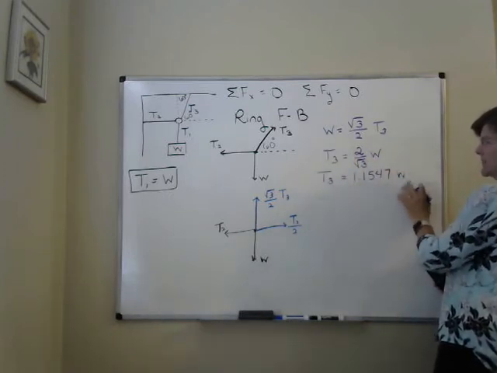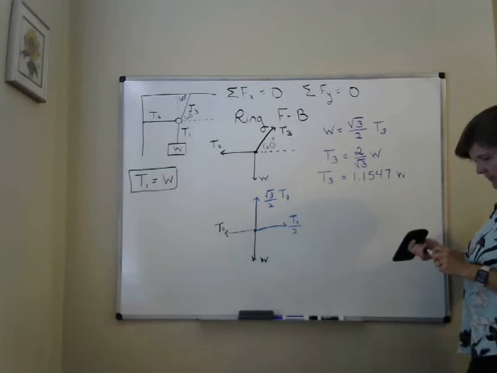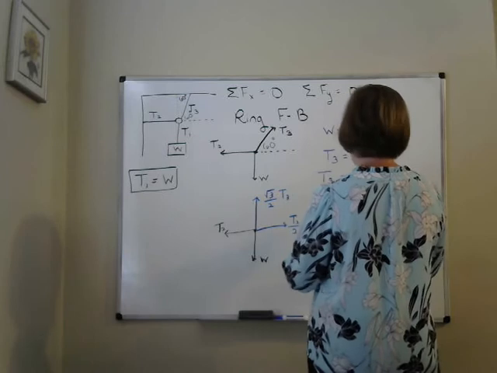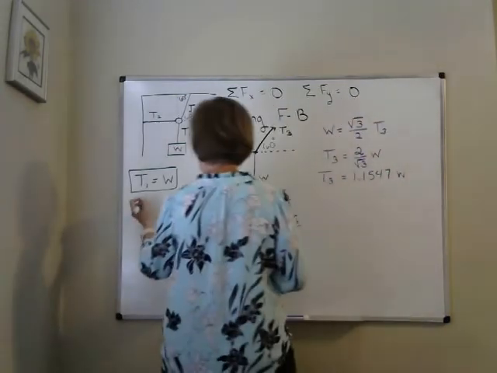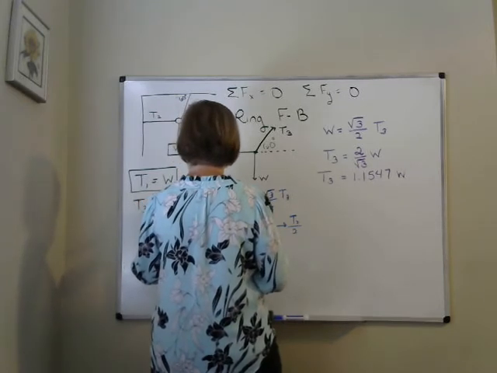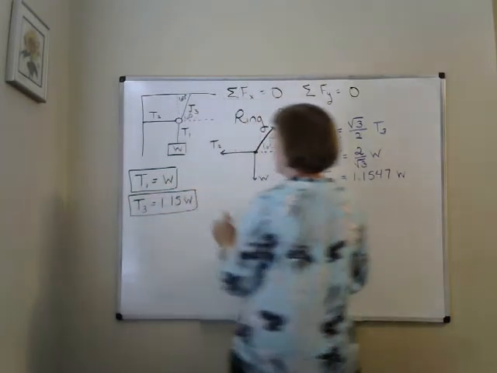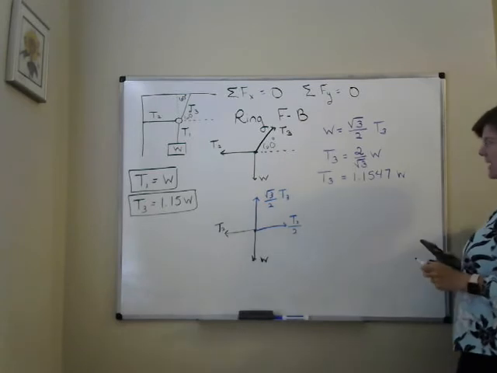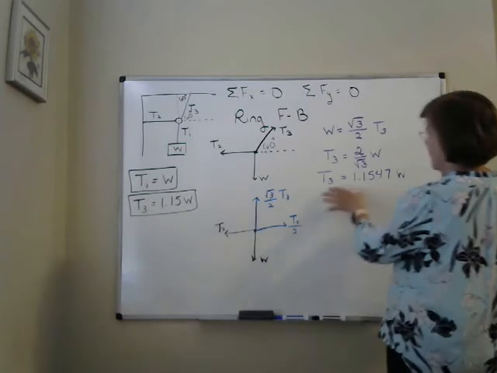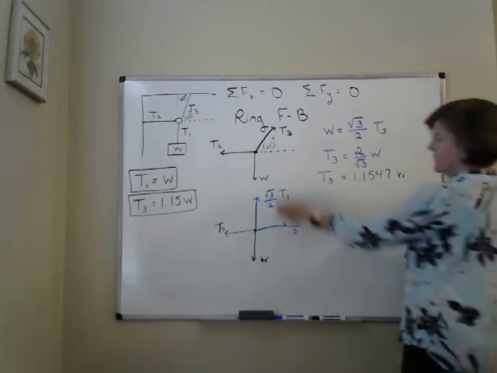If we want it as a decimal, that's what T3 is in terms of W. So really, we do have an answer in terms of W, and I wrote 3 significant digits. I'm just going to say that's how many we want. All right. That was the horizontal equation. Vertically, that was the vertical equation, up and down.